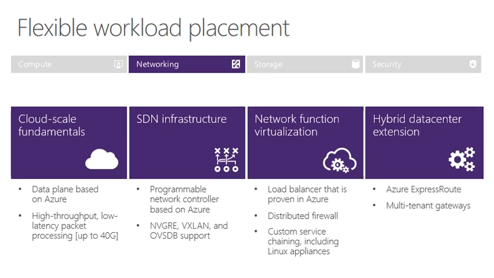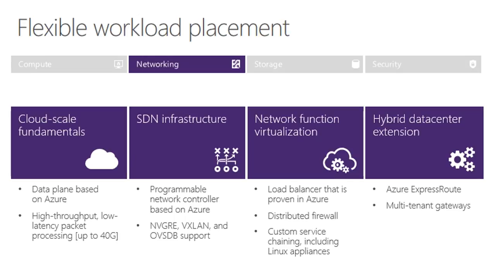What does this give us? It allows us to move to an environment where we have high throughput, low latency packet processing, up to 40 gigabytes on that. We've also added a new programmable network controller as a feature that you can add into Windows Server 2016 that allows you to program that network controller, so that you can start to implement a software-defined infrastructure.